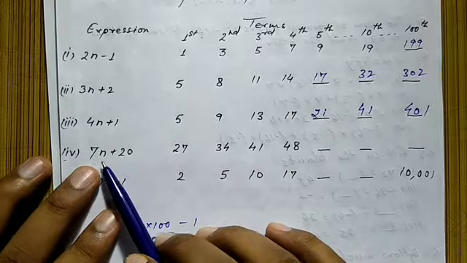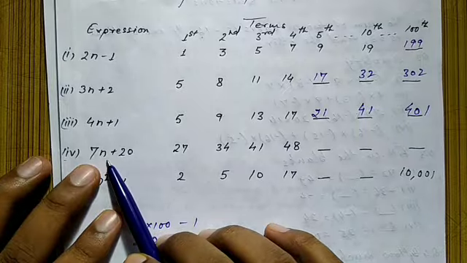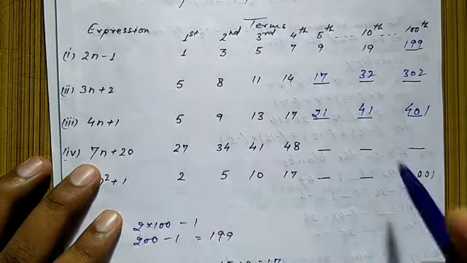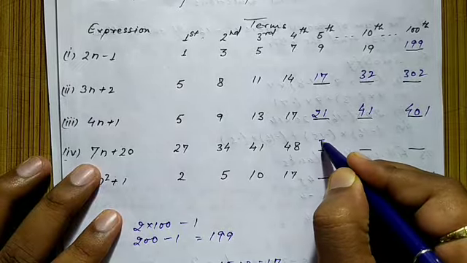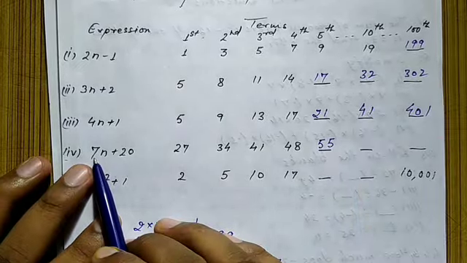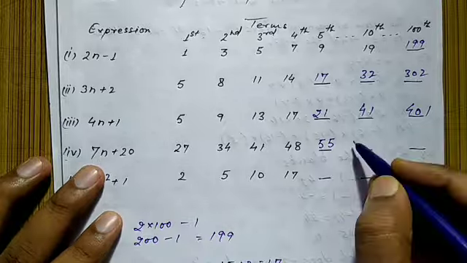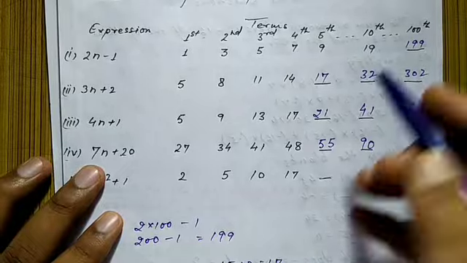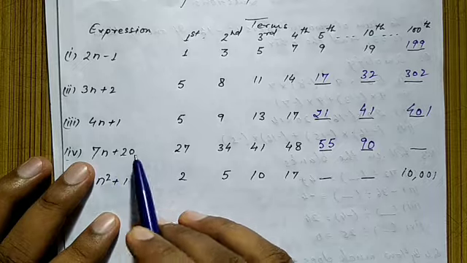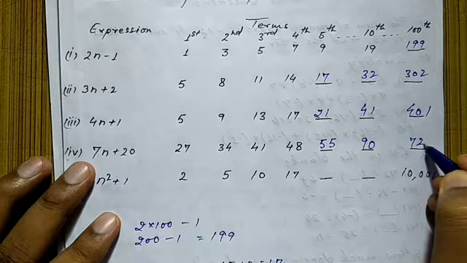Okay, here fifth term, 7 fives are 35, 35 plus 20, that is 55. Okay, 10th term, 10 sevens are 70 and 70 plus 20, 90. Okay, 100th term, 100 into 7, 700 plus 20, 720.